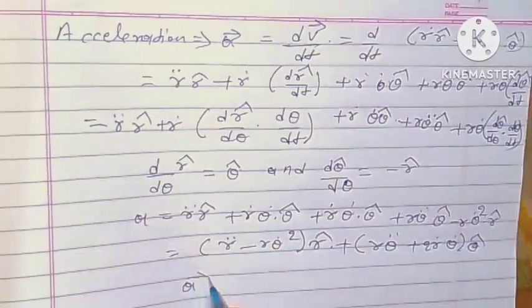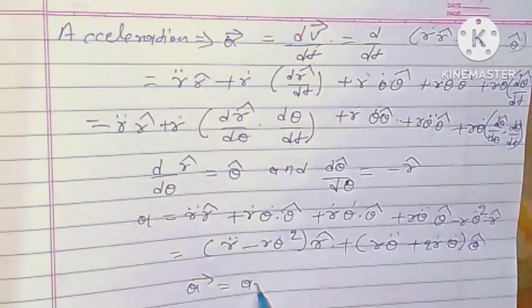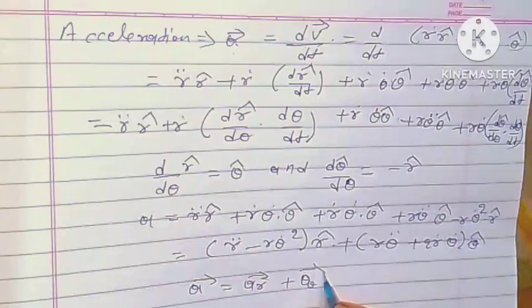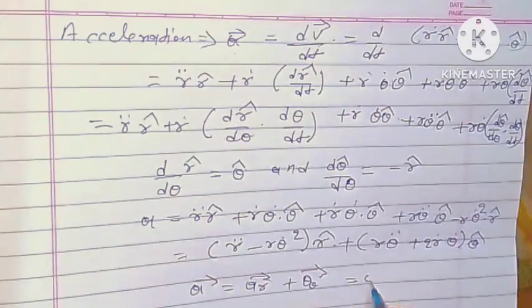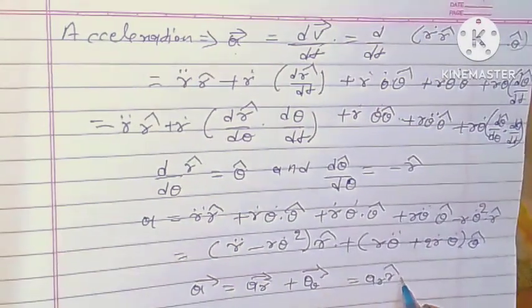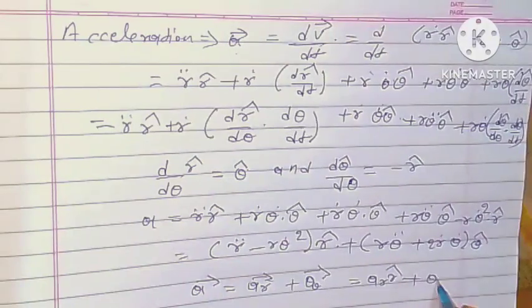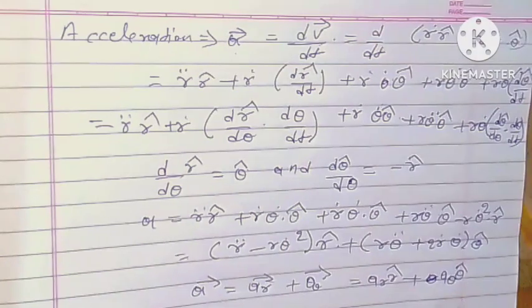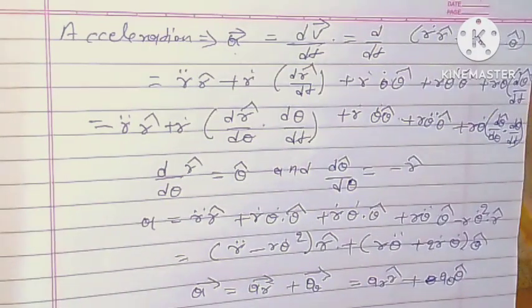Then acceleration a equals vector ar plus vector a theta, equal to ar unit vector r plus a theta unit vector theta. Components of acceleration.